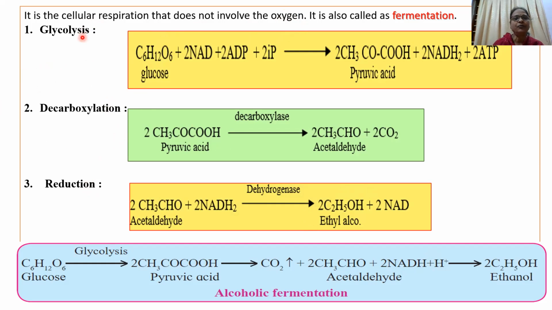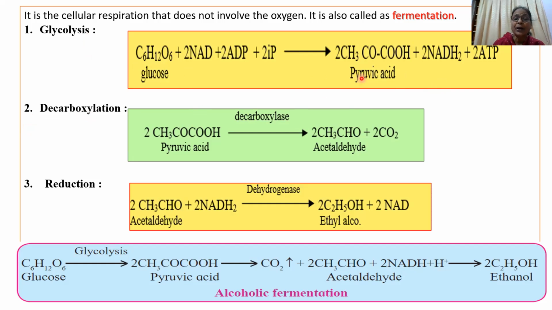The first step is very common for any type of anaerobic respiration or aerobic respiration. In lactic acid fermentation the first step is glycolysis, in alcoholic fermentation the first step is glycolysis, and in aerobic respiration also the first step is glycolysis. Okay, so it occurs in the cytoplasm of the cell, where glucose is broken down into 2 molecules of pyruvic acid along with the formation of ATP and NADH2, which is a reducing power.